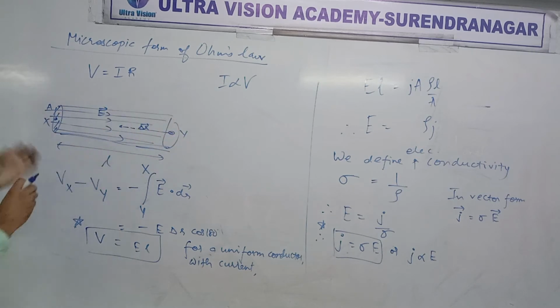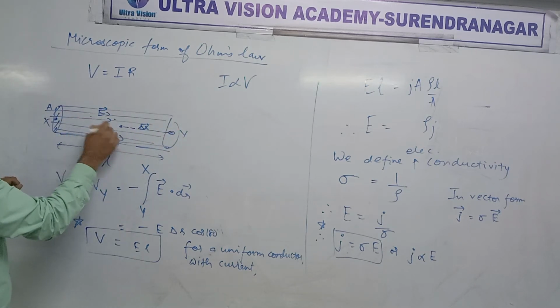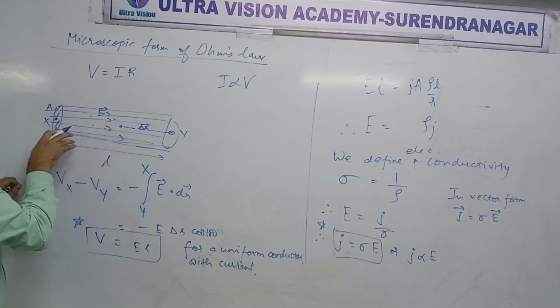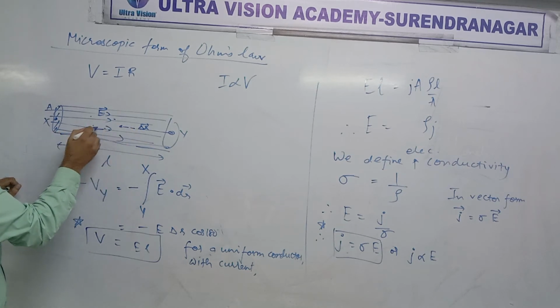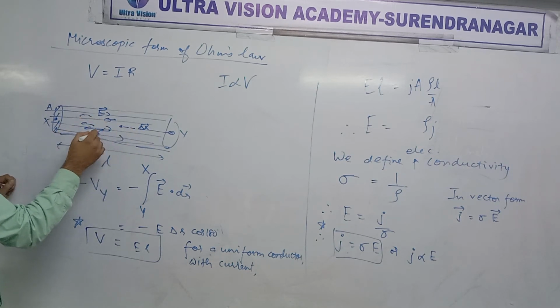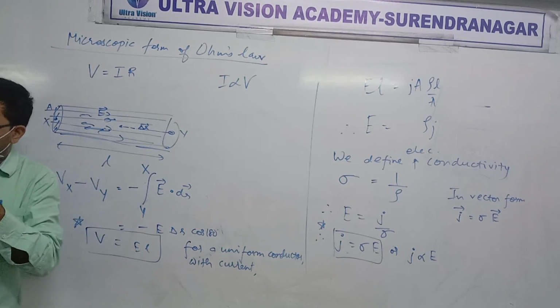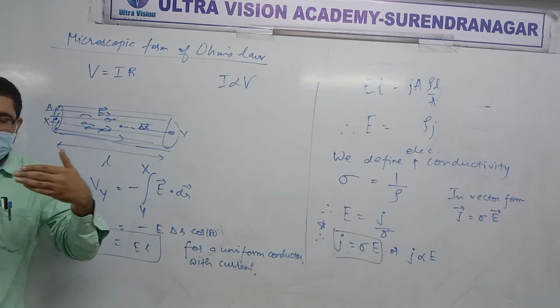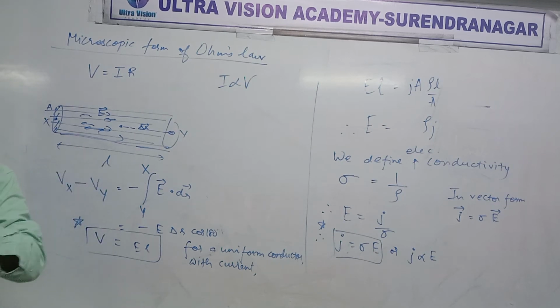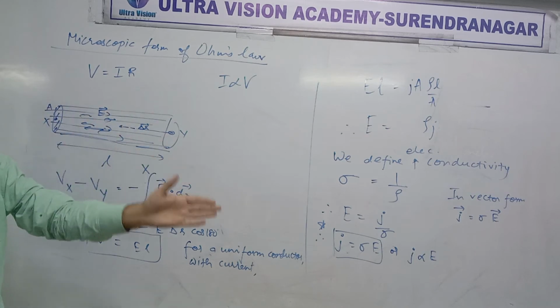Why? Suppose our conductor has free electrons. If the electric field is toward the right, the free electrons will be forced toward the left side, correct or not? It means more free electrons will flow leftward. That's a negative charge flowing leftward. The direction of current will be right.